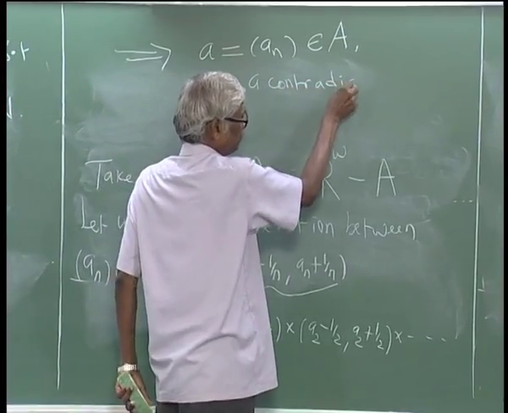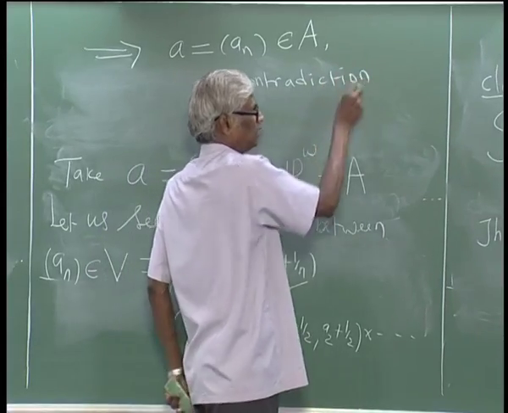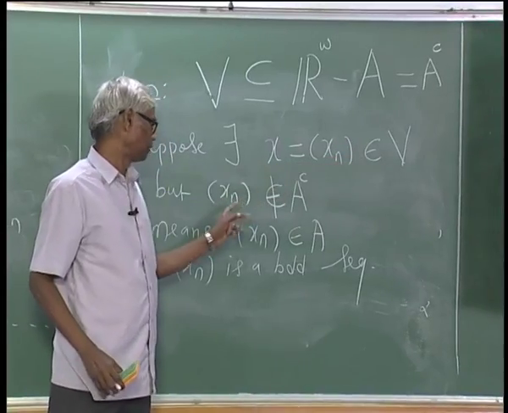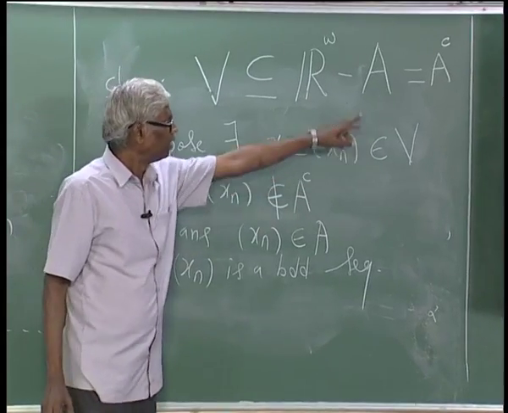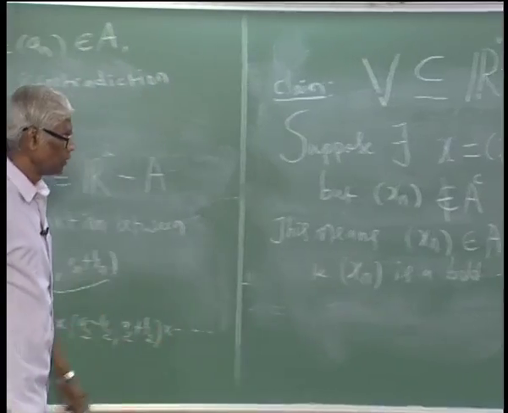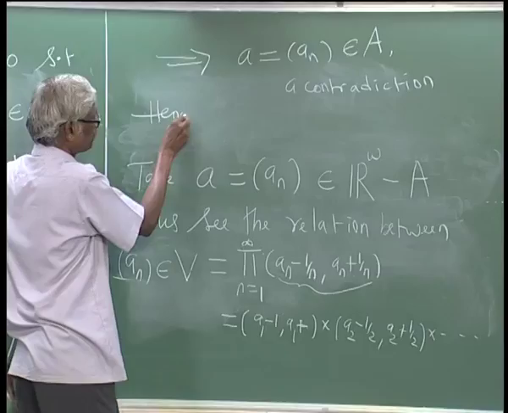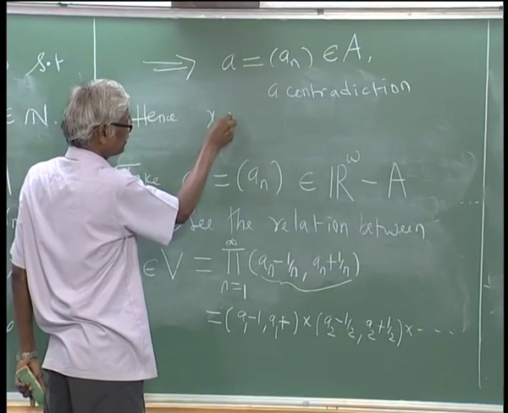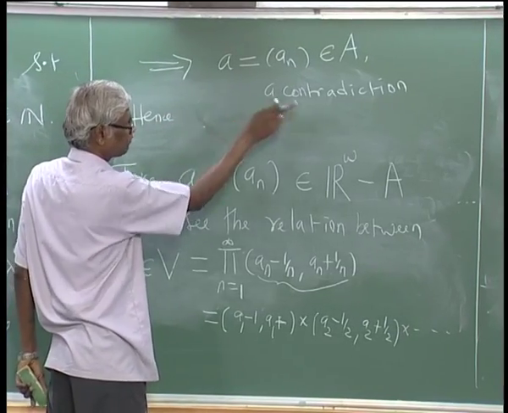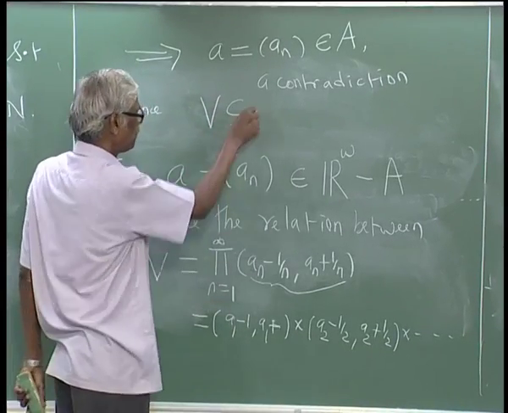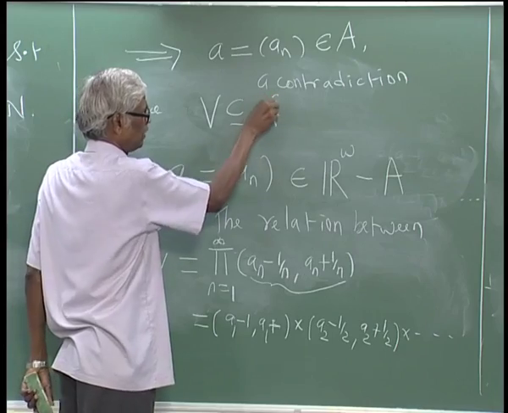So, we arrived at this contradiction if we assume that there is an element x in V but not in A complement. So, hence what we have proved is that every element of V should be in the complement, meaning V is a subset of A complement.